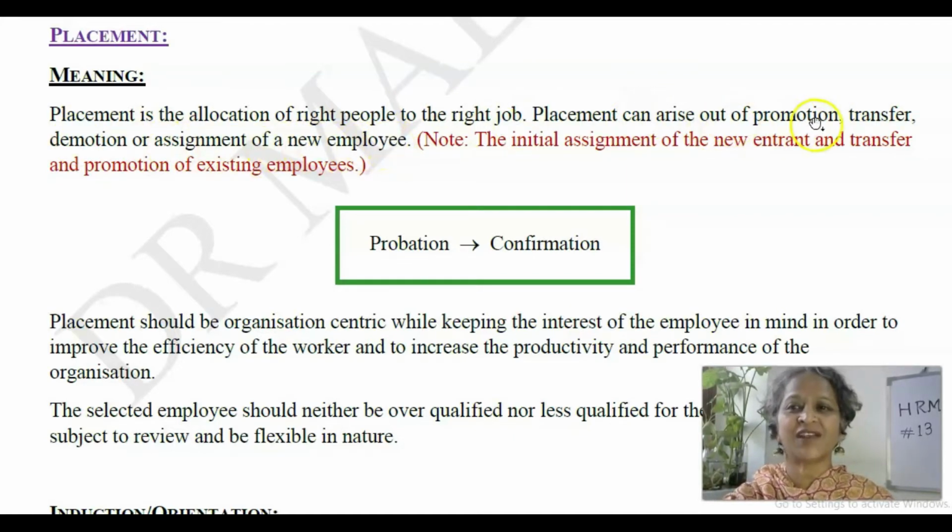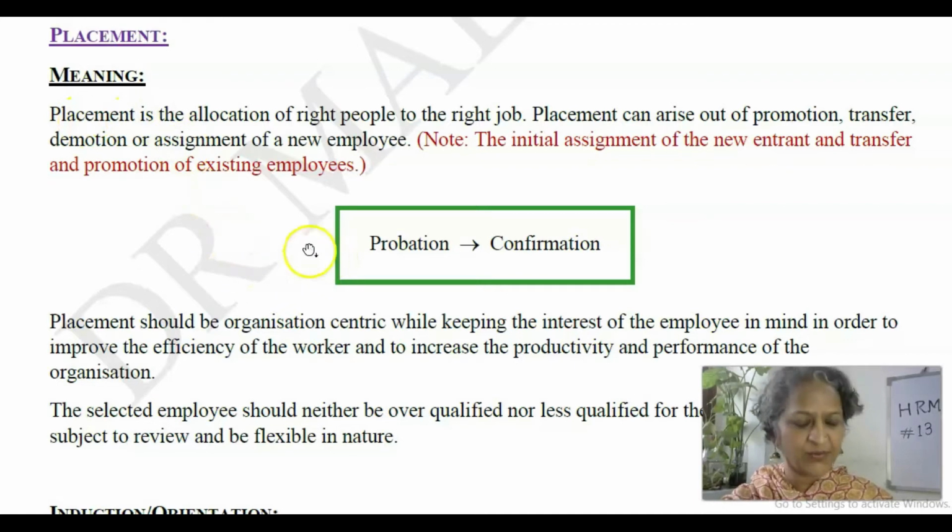These first three situations arise when our existing workers are given new assignment. Either they are promoted, they are transferred or they are demoted. And the fourth situation arises when new workers are appointed in the organization. So human resource manager has to assign these workers a task to perform, and this is called placement.